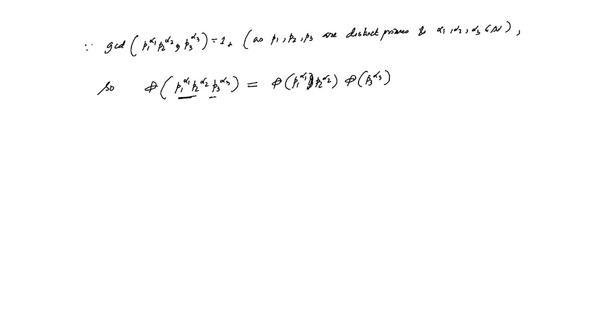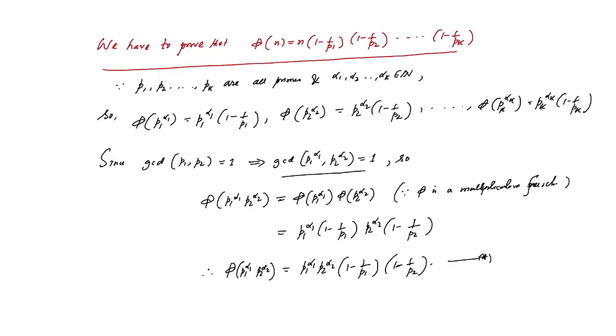Just take 2. So now by star, that is basically p1 to the power alpha 1 into p2 to the power alpha 2, 1 minus 1 by p1, 1 minus 1 by p2. Here we have already proved this result.